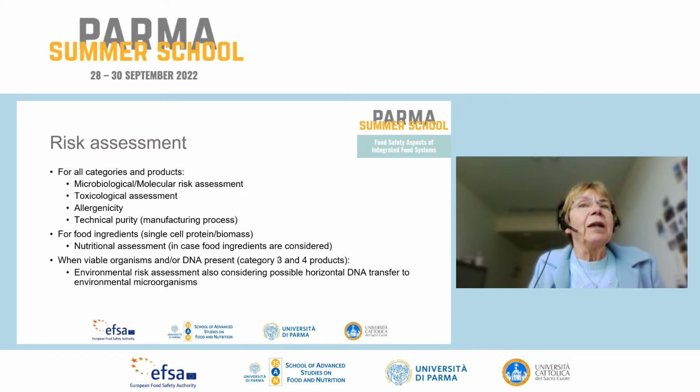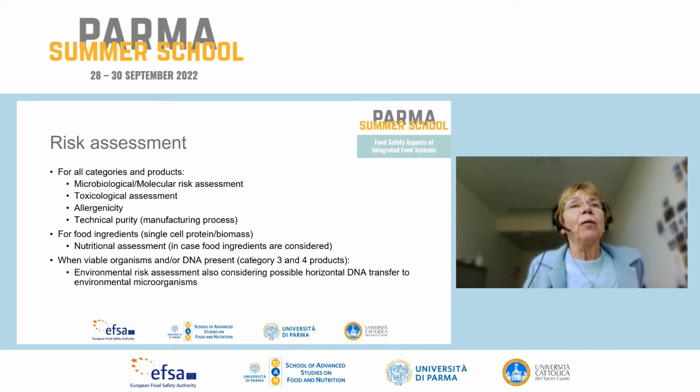For the category 3 and 4 products, because there are viable organisms and or DNA present, also an environmental risk assessment needs to be carried out. For example, for plant protection products of category 4, it's important to check how far these microbes are also acting towards non-target microorganisms in nature.